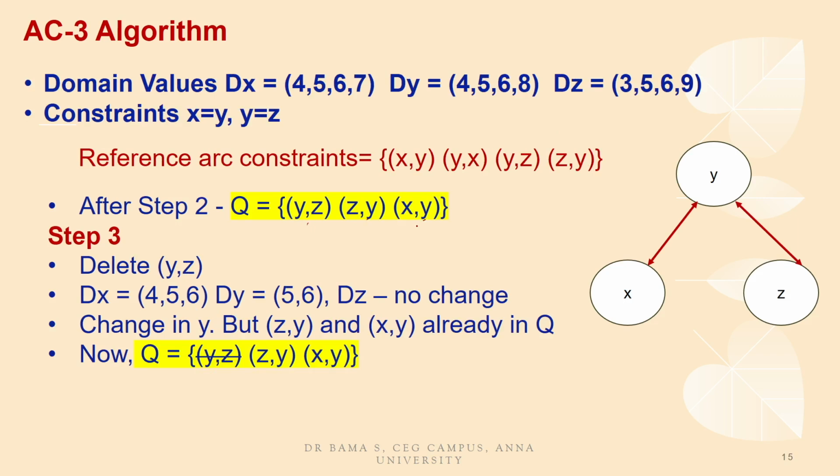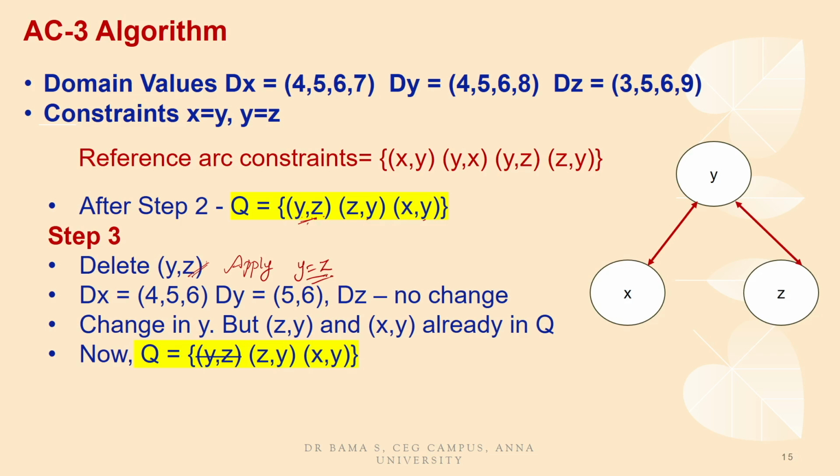Now, with the same procedure, always remember in Q we delete first in first out. So, whichever is first, which is y z, this y z is getting deleted here, which means we apply y is equal to z.